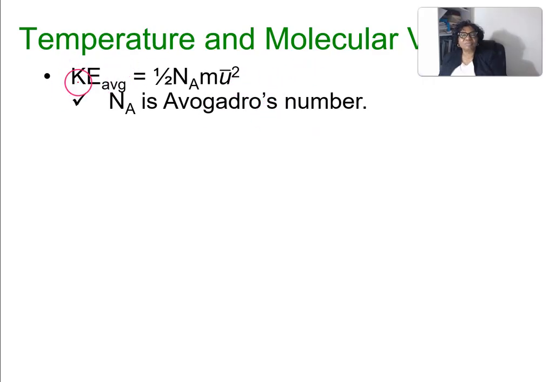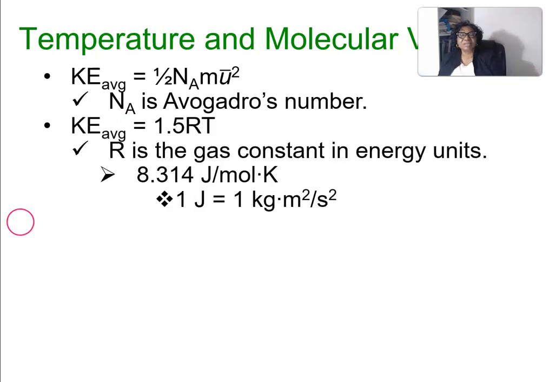So the average kinetic energy equals half times the number of moles, Avogadro's number, 6.022 times 10 to the 23, then the mass, then the root mean square velocity. So that's how we get the average.